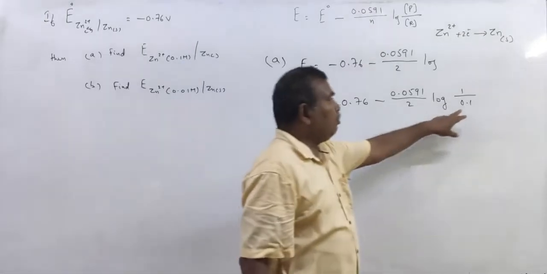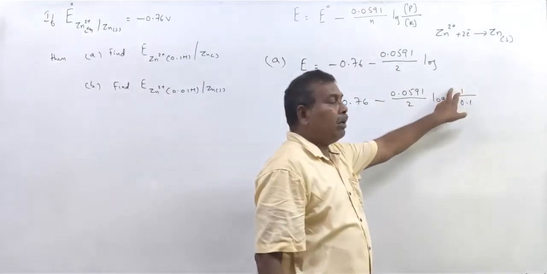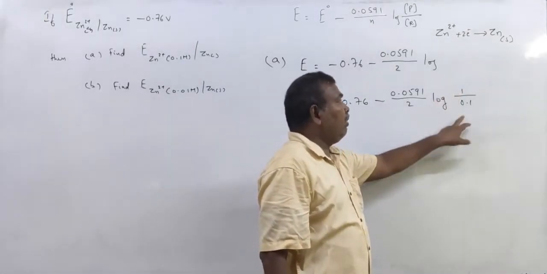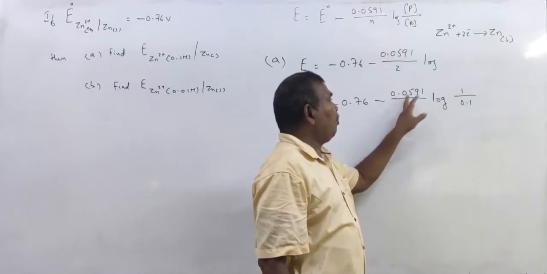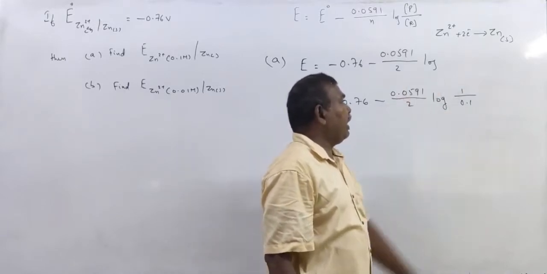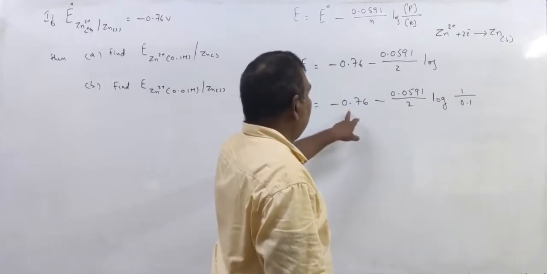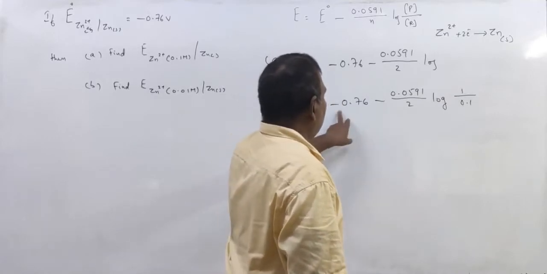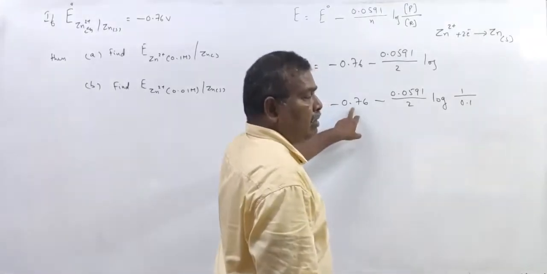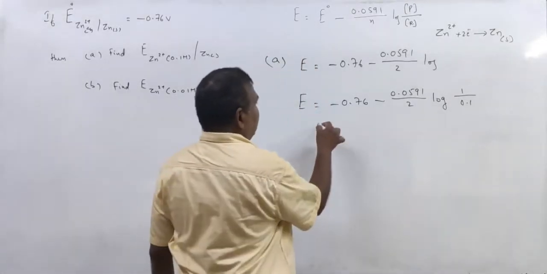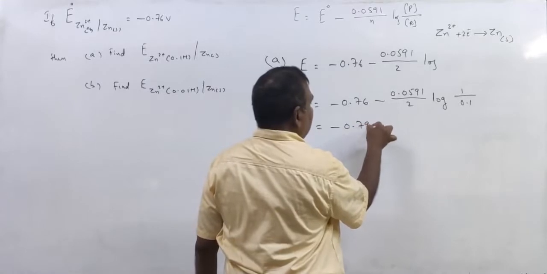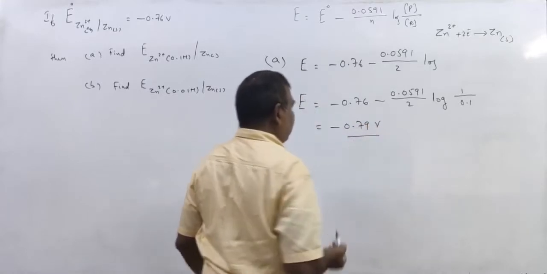So it is 10 power minus 1, log 10 value 1. So 0.0591 I am taking approximately 0.03 here. So minus 0.03 minus 0.76, so it is minus 0.79 volts approximately.